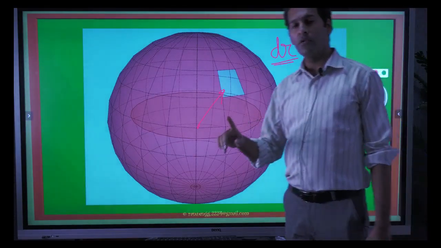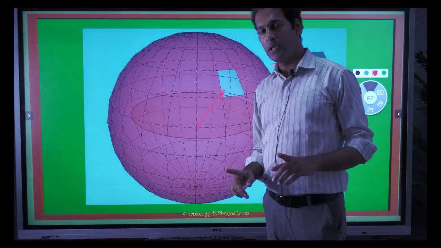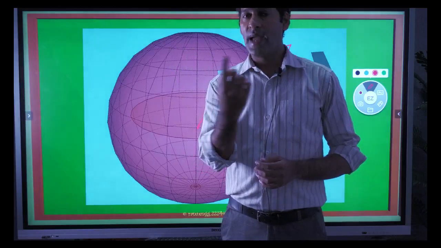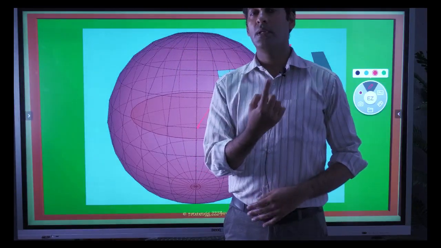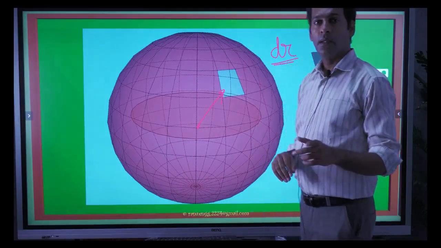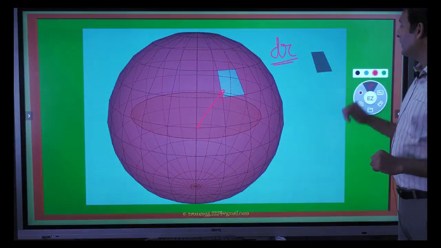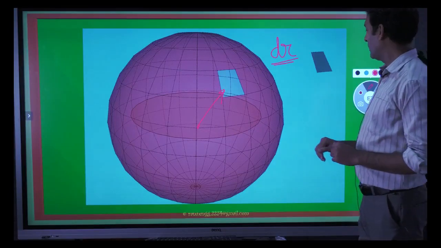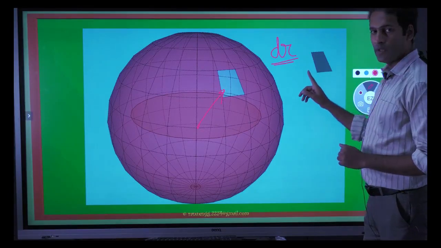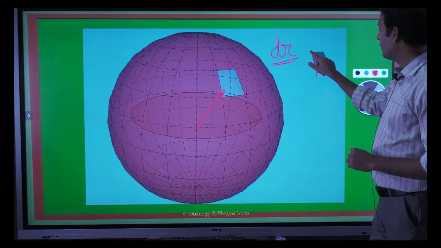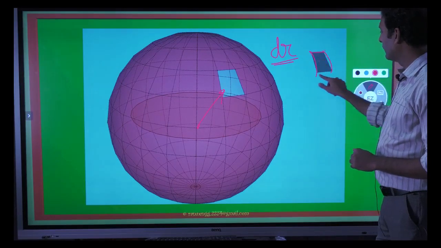The second element we have to find is for the angle. Compare with the cylindrical coordinate system, where the angle is a continuous rotation, a circle from 0 to 2 pi. In the cylindrical coordinate system, the element was r d phi, where r was additional because of the curve.